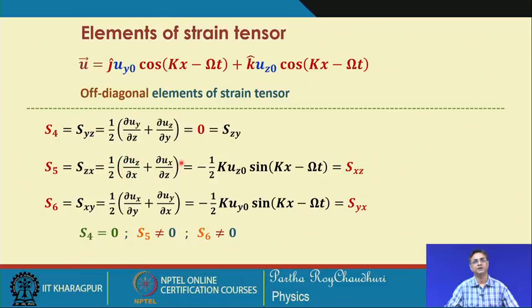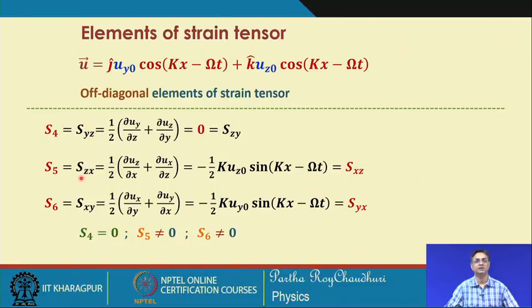So, therefore, you have S x z equal to S z x, which has a finite value, and similarly S 6, represented by S y x, is given in a similar way. Therefore, we see that S 4 is 0, but S 5 and S 6 are non-zero.